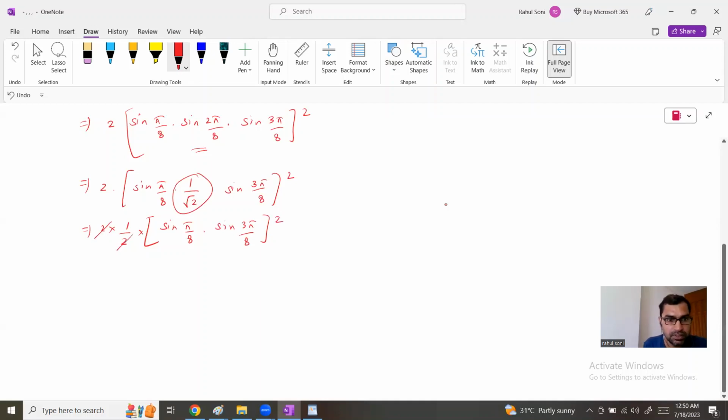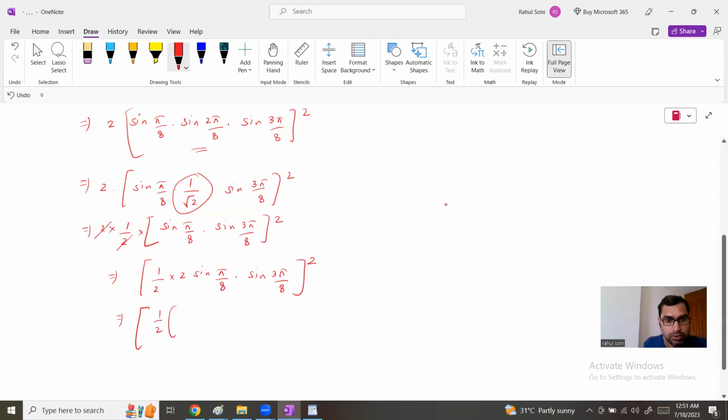Now inside, if we divide by 2 and multiply by 2, we are able to apply the formula of 2 sine A sine B. In order to apply the formula of 2 sine A sine B, we have put an extra 2 here, and to take care of the extra 2, we have divided the complete term by 2 again.